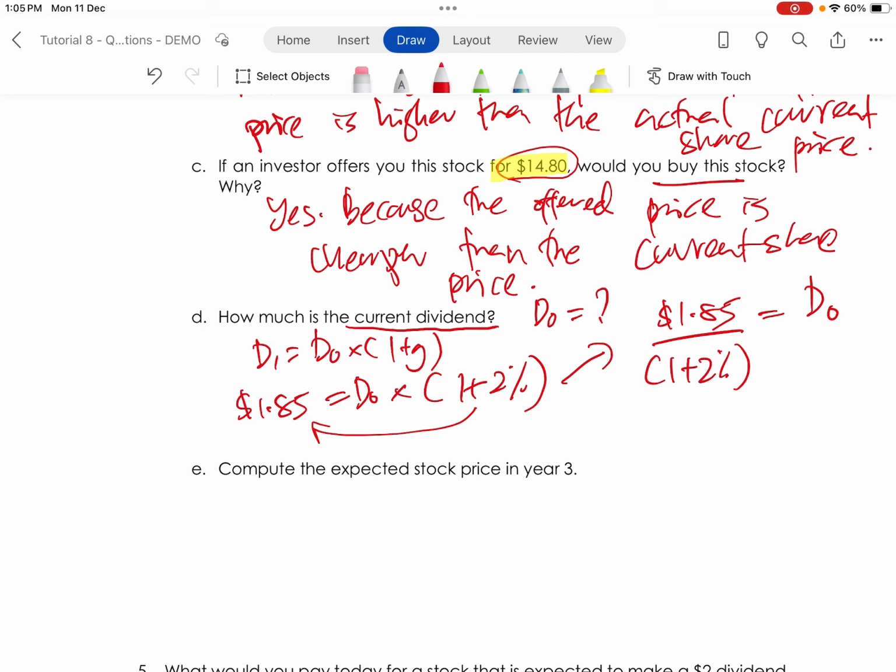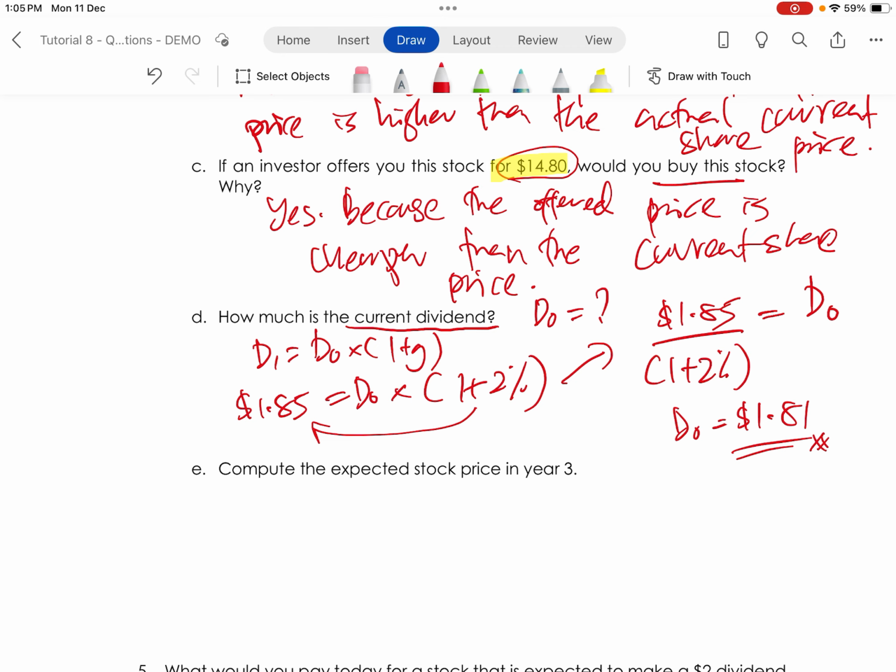Then we cancel the D0. Solving this, you will get 1.81. So that is the current dividend, or last year's dividend that has been paid.